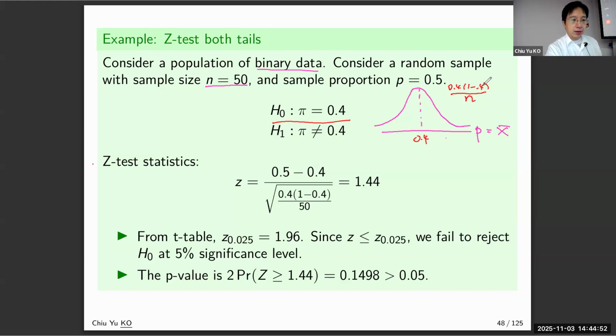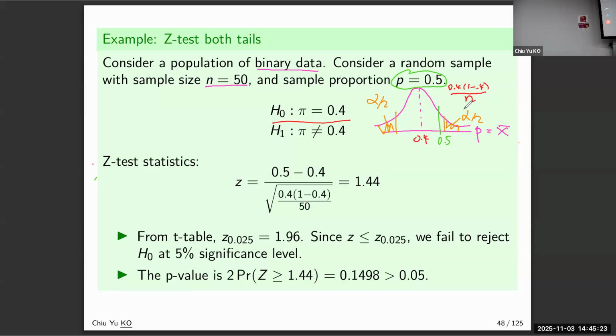So that means when you have data with 0.5, which is here, the question is, is 0.5 far away from 0.4? The rejection region is both alpha over 2 size of the area. So what you do is see whether the green 0.5 is in the orange area or not.